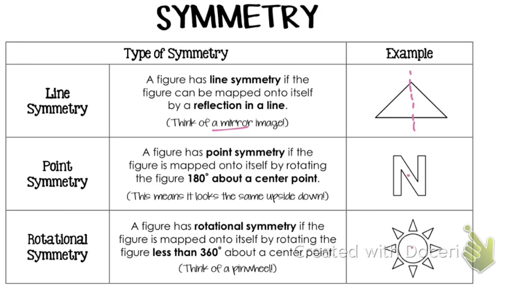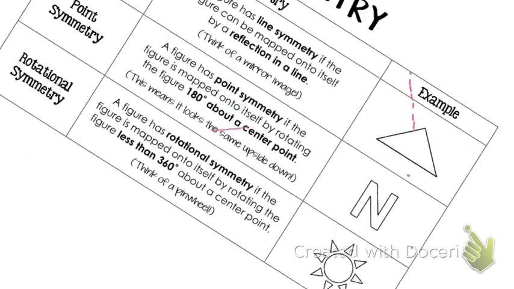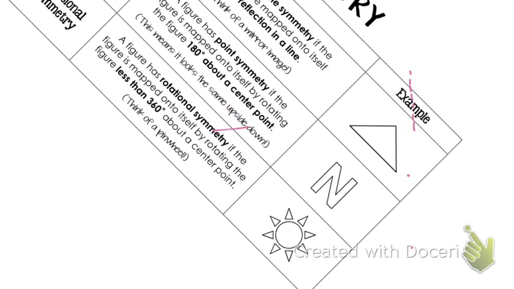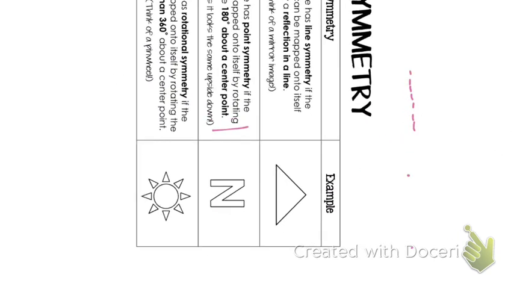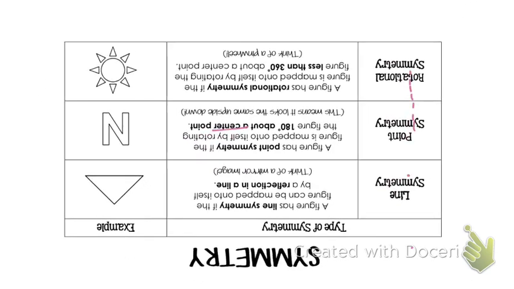So if we look here with the sun, and I rotate it here, is it the same? Yes, so it has rotational symmetry. If I do it here, is it the same? Yes. Now this is also what type? Point symmetry. So it has both point and rotational.